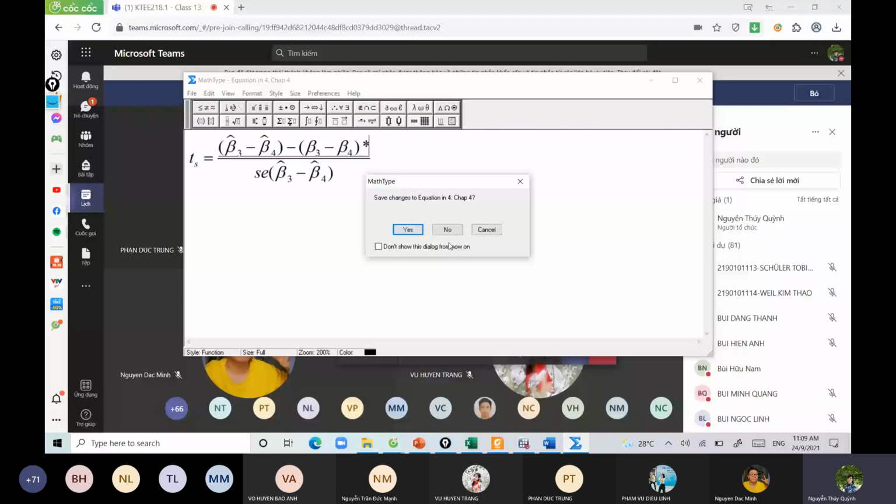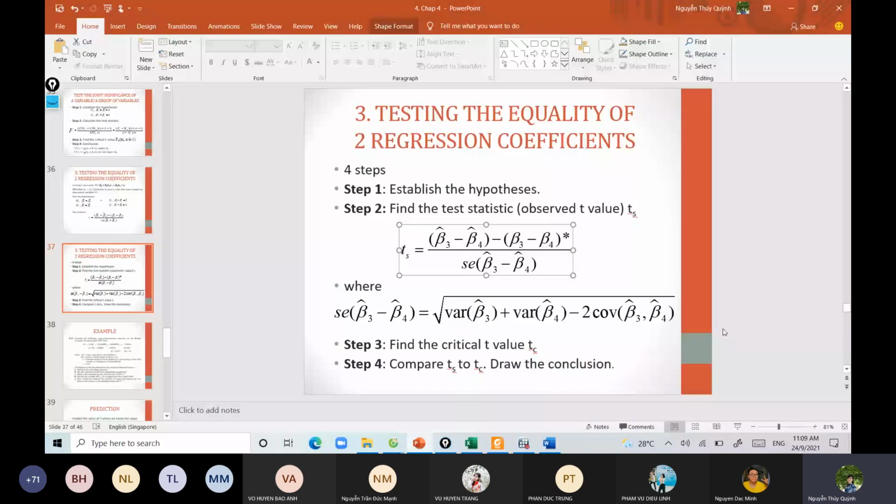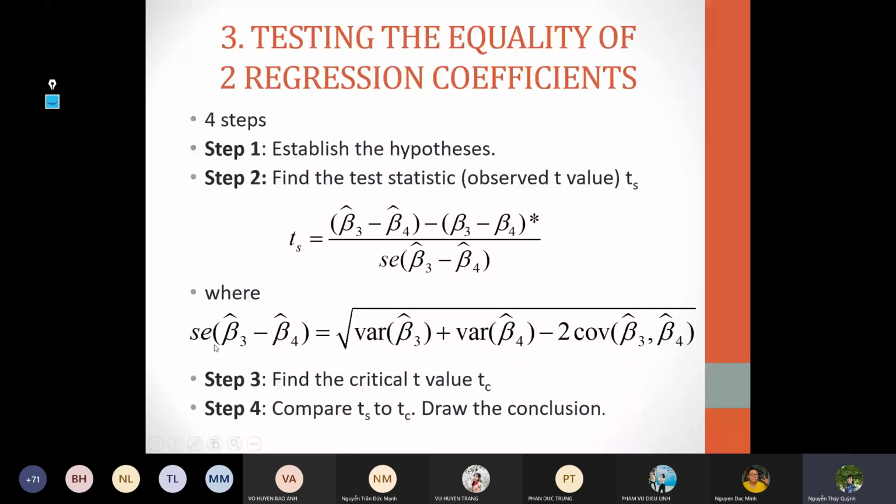Now the standard error of beta 3 hat minus beta 4 hat is equal to the square root of the variance of beta 3 hat plus the variance of beta 4 hat minus 2 times the covariance of beta 3 hat and beta 4 hat. Remember that this one is the covariance between the two estimated regression coefficients. All right.